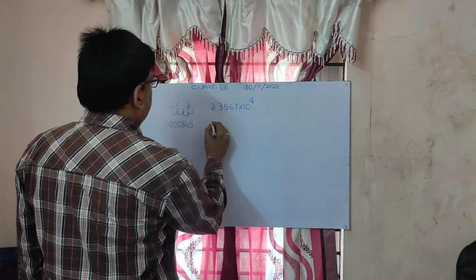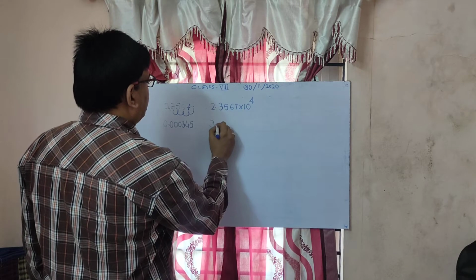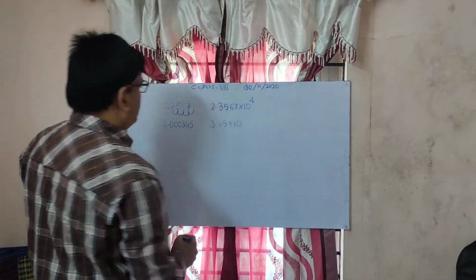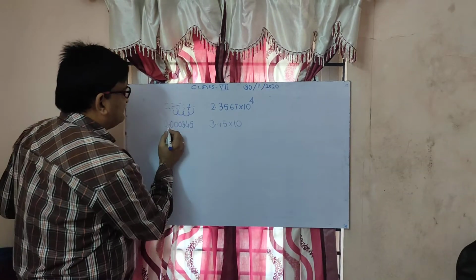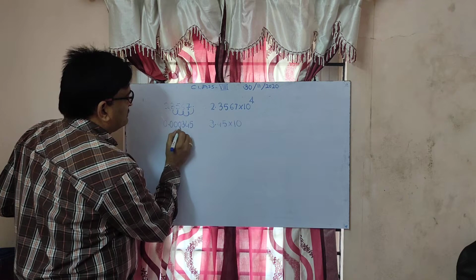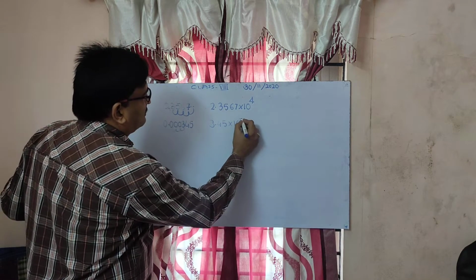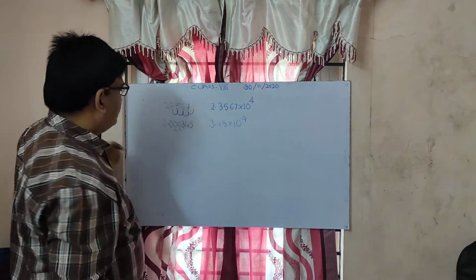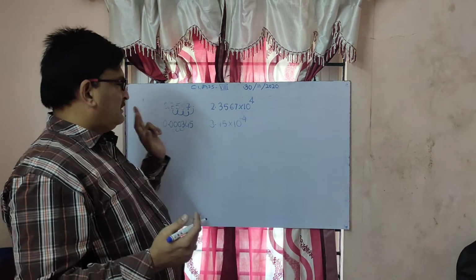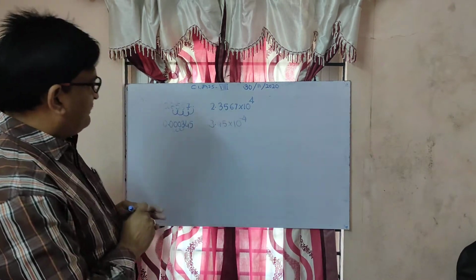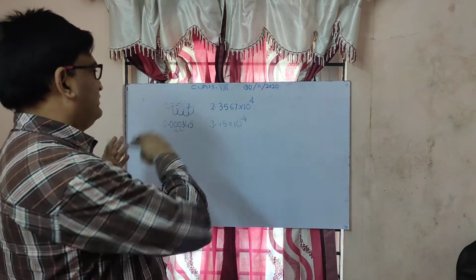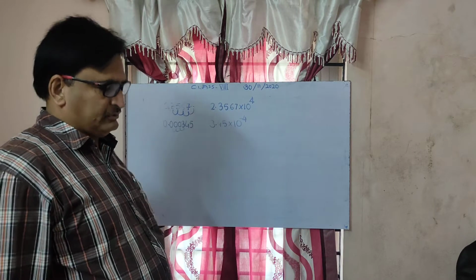Now I am going to write it as 3.45 into 10 to the power. Now the point is here. Where does it move? 1, 2, 3, 4. 10 to the power minus 4. If the point moves from left to right, the power will be negative. If the point moves from right to left, then the power will be positive.